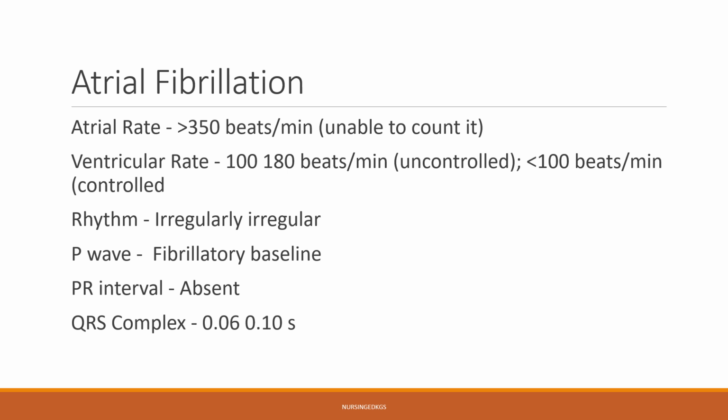While if you have a patient with atrial fibrillation and their heart rate is below 100, we normally say it's controlled. And so you have an irregular rhythm. P wave absent, instead you're seeing a fibrillatory baseline. There's no PR interval because there are no P waves. And then the QRS complex will be between 0.06 and 0.10 seconds.